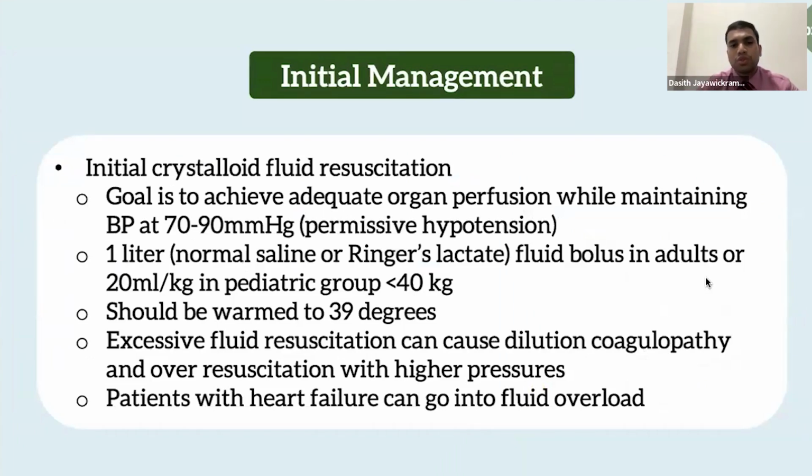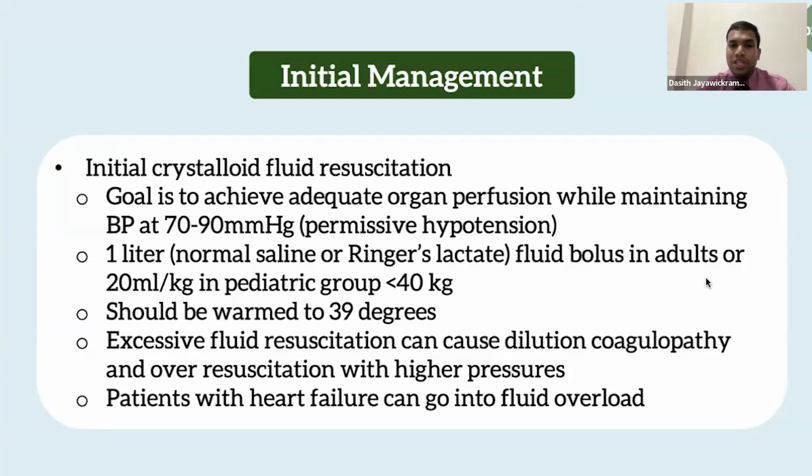What to do? Now the patient is losing blood, and we don't have blood immediately. As soon as the patient comes to the emergency room, we don't have blood there. What we have is crystalloids. But we need to replenish his intravascular volume so there is some perfusion to the end organs.